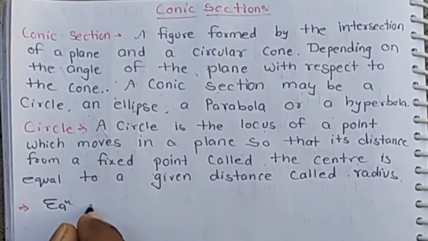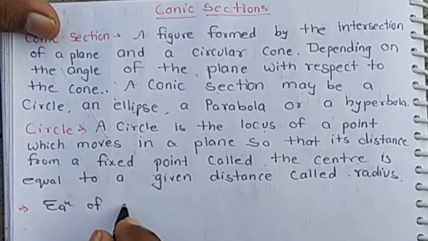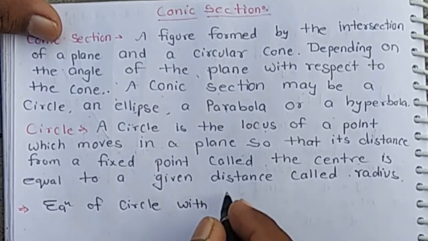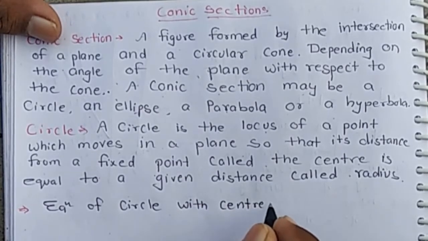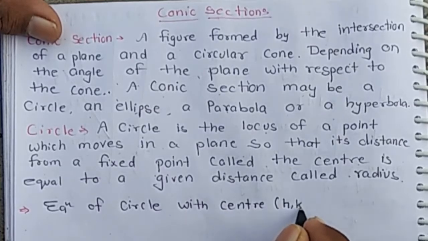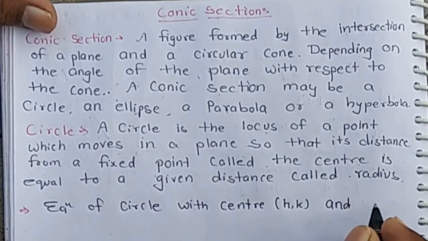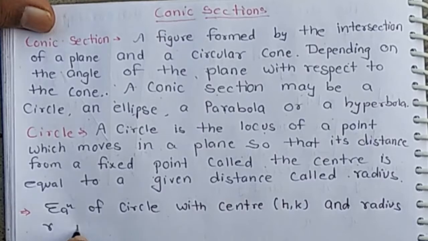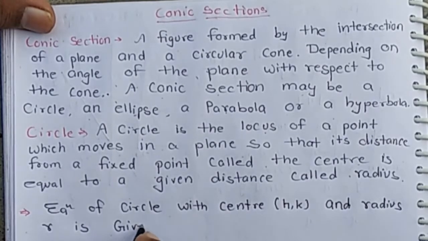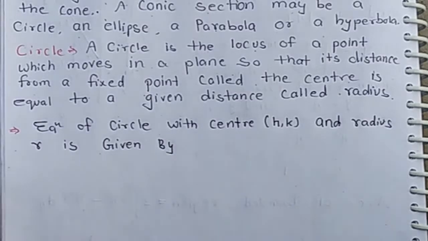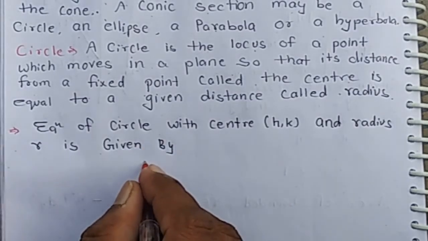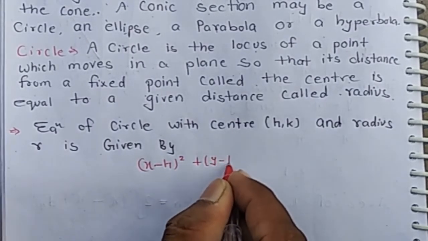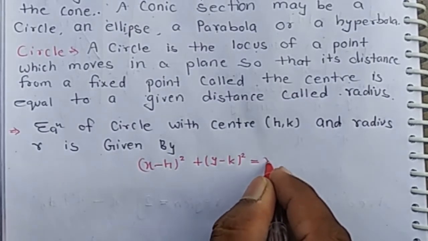Equation of circle with center h comma k and radius r is given by x minus h square plus y minus k square equal r square.